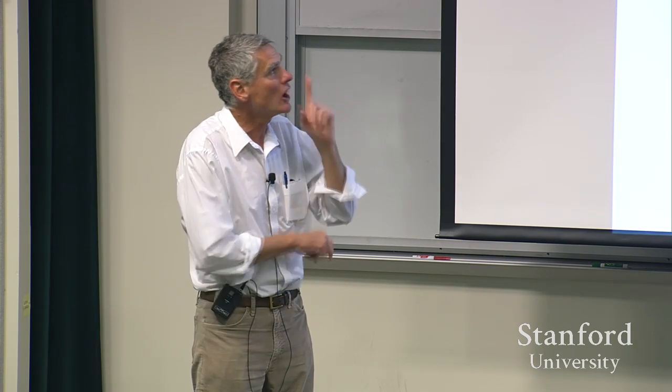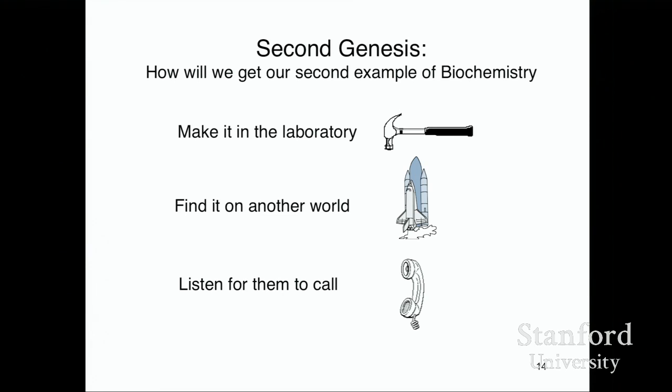Okay, let's go back. Now I want to turn to searching for another example of life, what I call a second genesis. As you can see, there's a lot of confusing issues with life, understanding it, we don't know its origin. What's the way forward? Well, one way forward has been to try to make it in the laboratory. And this is where computers come in and computer simulations are playing a role here.